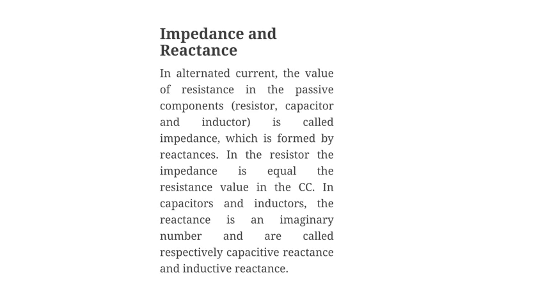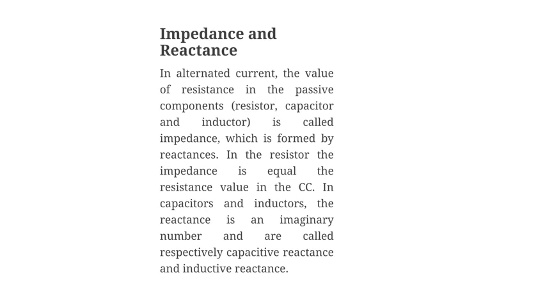In alternating current, the value of resistance in the passive components like resistor, capacitor and inductor is called impedance, which is formed by reactances. In the resistor, the impedance is equal to the resistance value in the circuit.